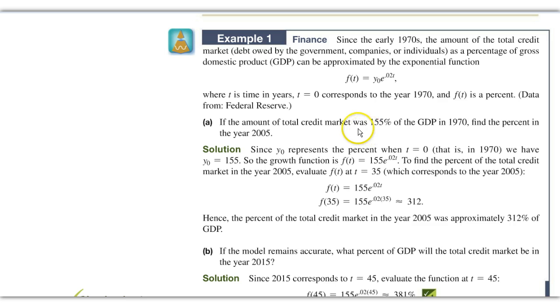So find what it would be in 2005. Well, the first thing we need to do is figure out what t is. So we subtract 1970 from 2005, and we end up with 35. And our y sub 0 is going to be 155.